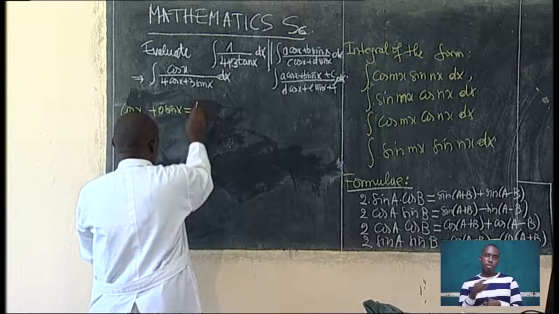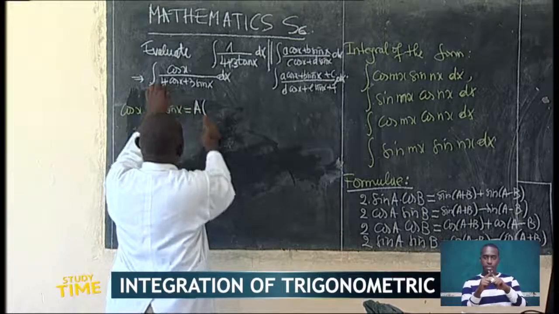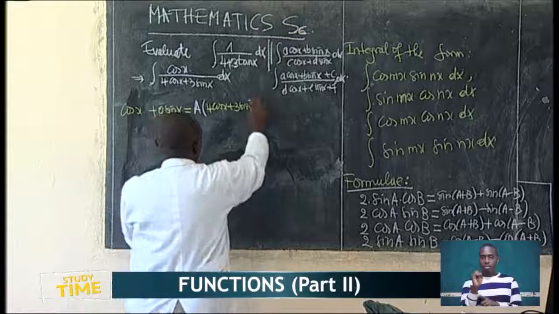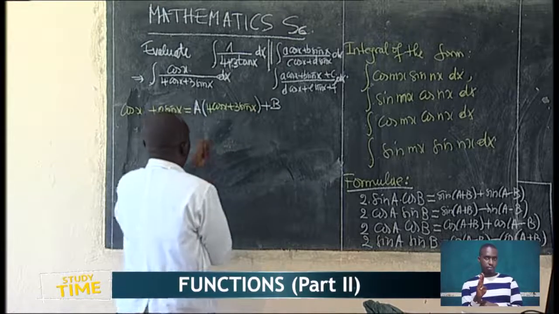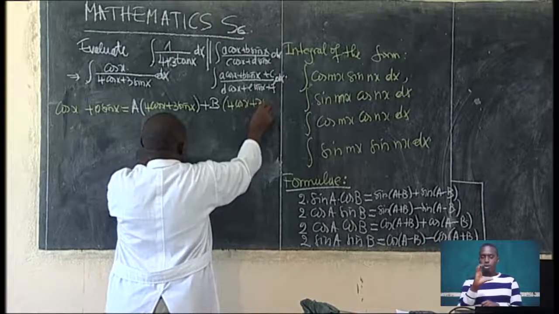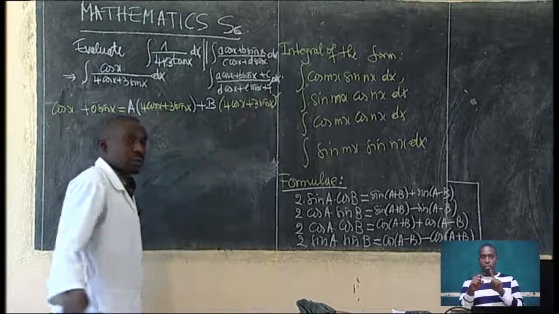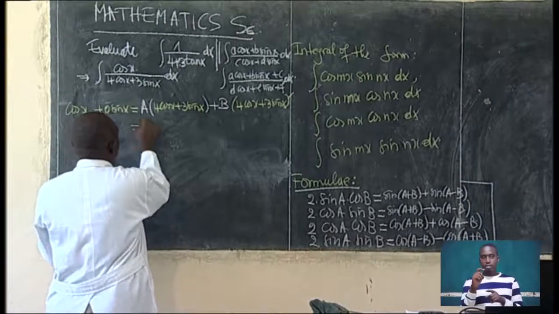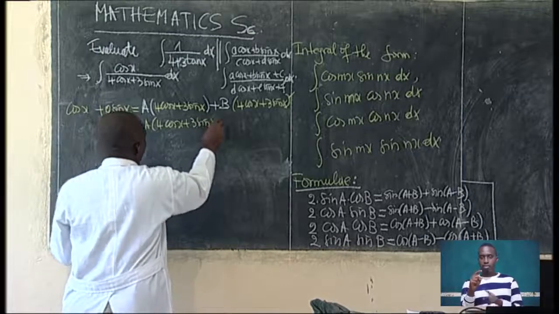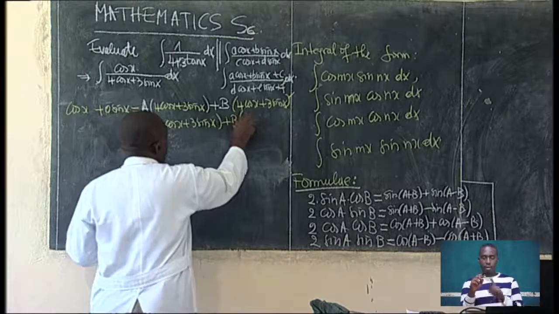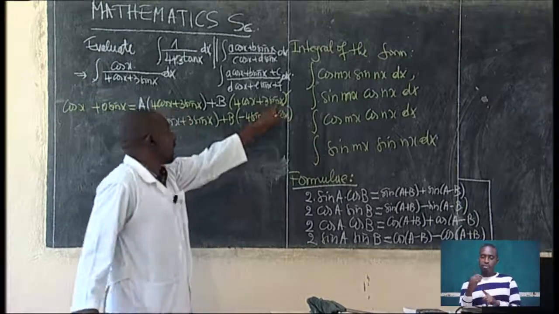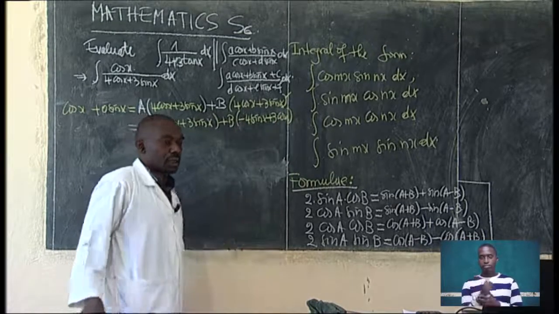So cosine x equals a times my denominator, 4 cos x plus 3 sine x, plus b times the derivative of this denominator. So we get a times 4 cos x plus 3 sine x, then plus b times minus 4 sine x plus 3 cosine x, since the derivative of cosine x is minus sine x.